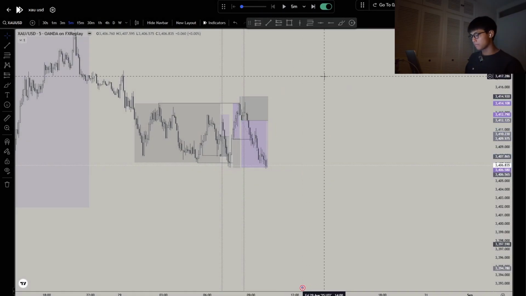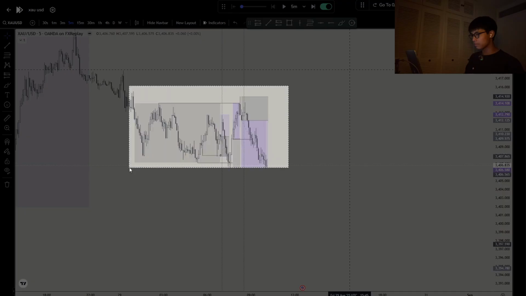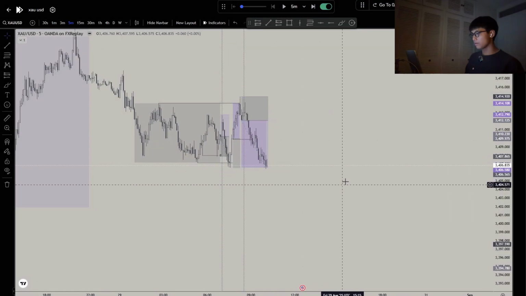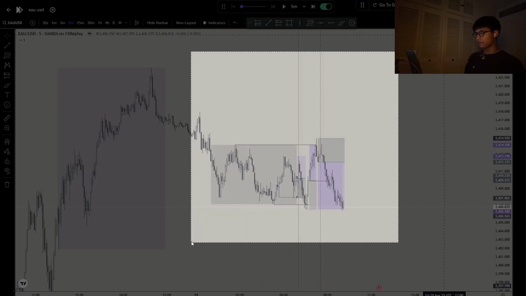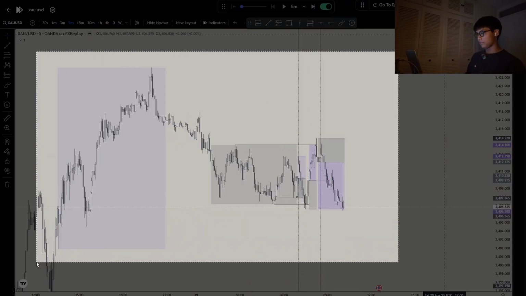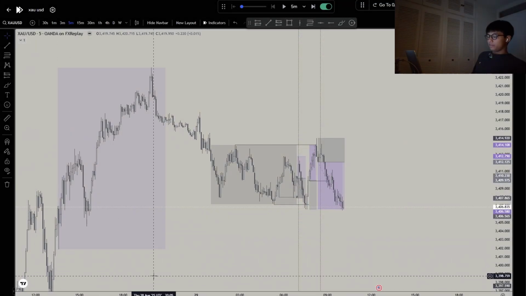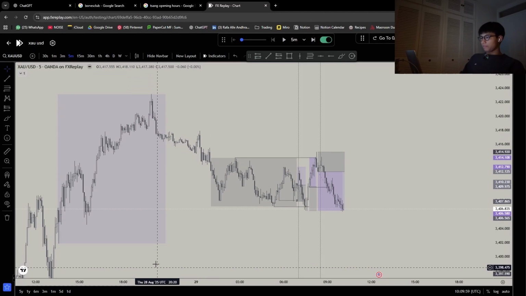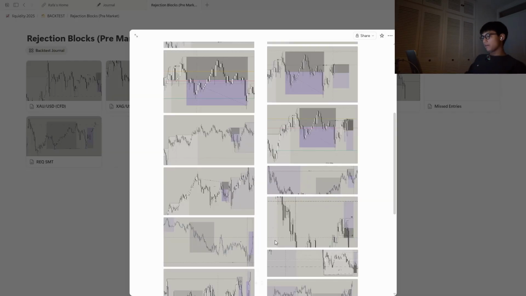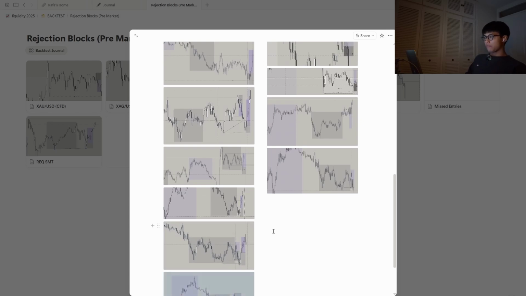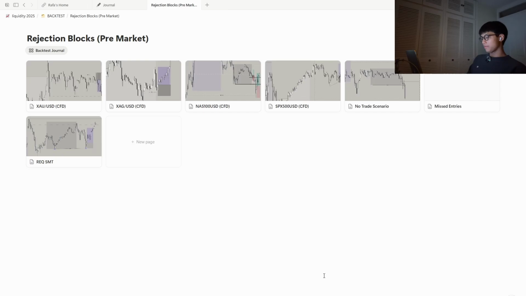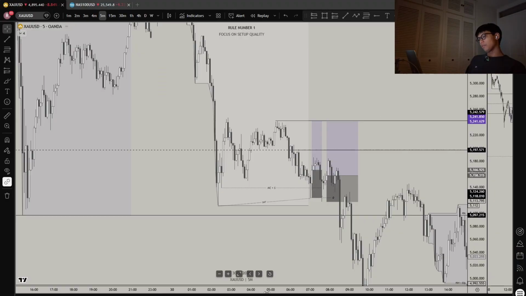Hold up. That's nice. Let me get more context actually on that screenshot. So my plan is after I get as many screenshots as I can of this same setup, we'll see what the similarities and differences are between the wins and the losses, so I can keep refining this model, but not too refined, because I want it to be a really simple sweep rejection block.